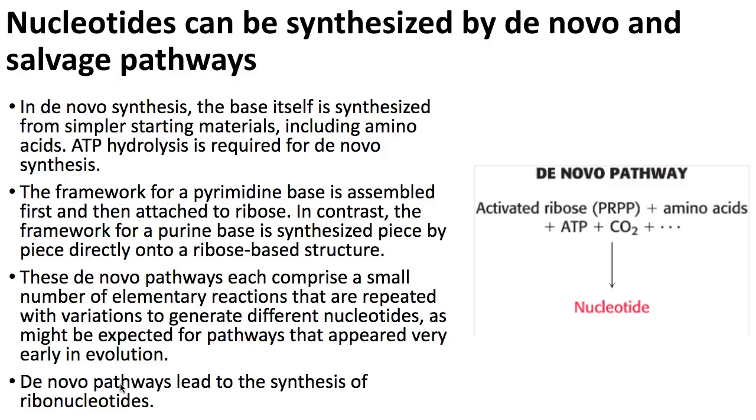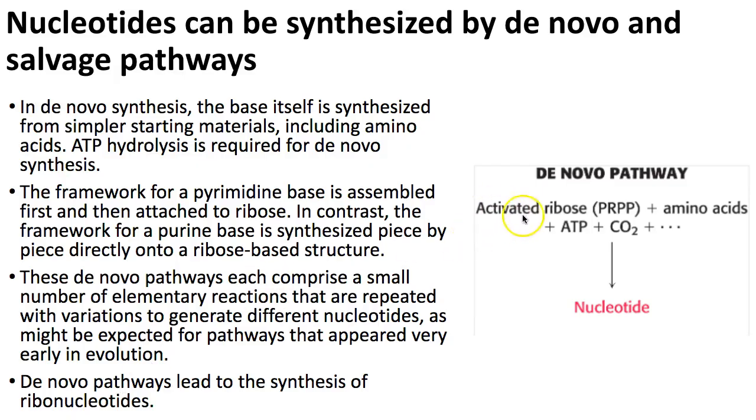Okay, and so as far as the de novo pathway, the de novo pathway is actually setting up a framework for a pyrimidine base. It's assembled and then attached to a ribose, or your sugar. Also, the framework of the purine base is synthesized piece by piece directly onto a ribose base.